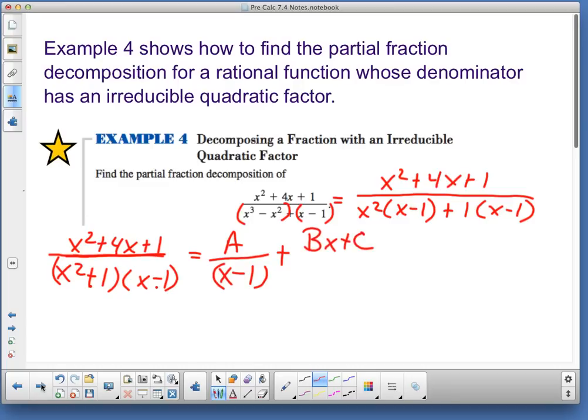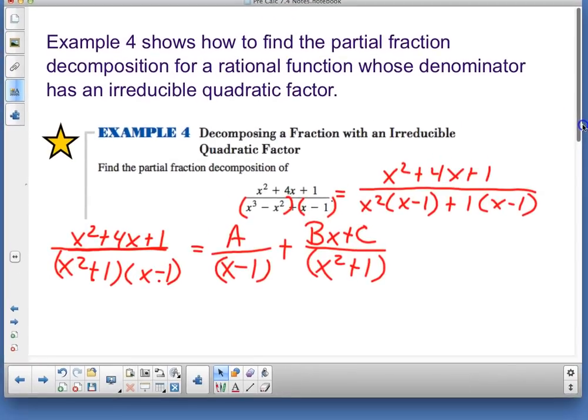Bx plus C is a linear representation, if I think about the mx plus b form. And I have my quadratic, x squared plus 1, on the bottom. Now, once I get this set and I'm happy with how it's set up, I'm just going to do exactly what I've been doing: multiply by the denominator, clearing the fractions.